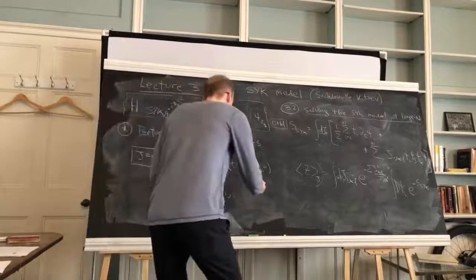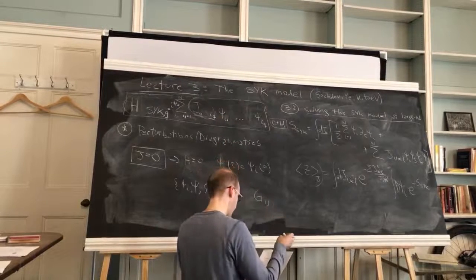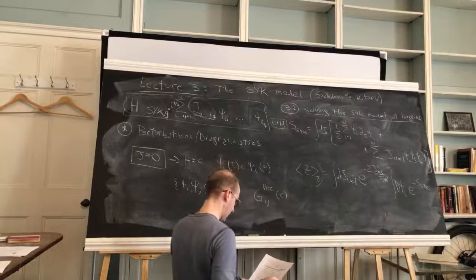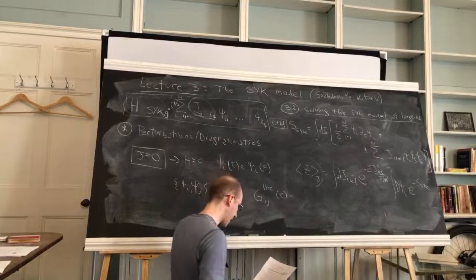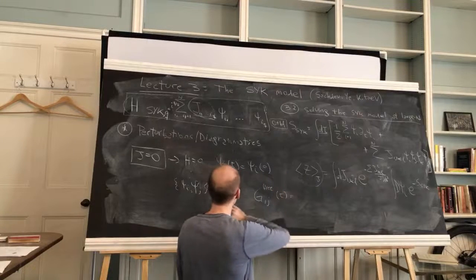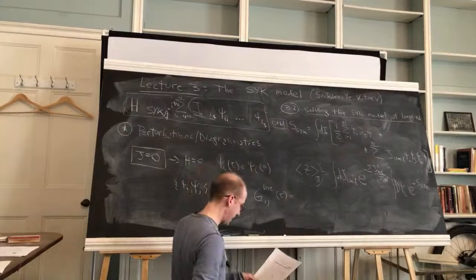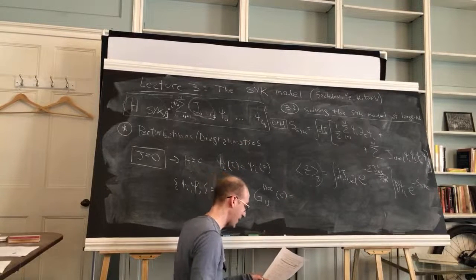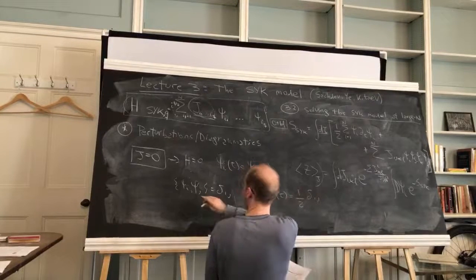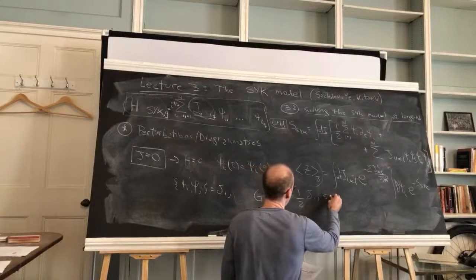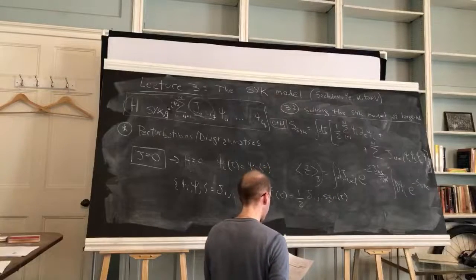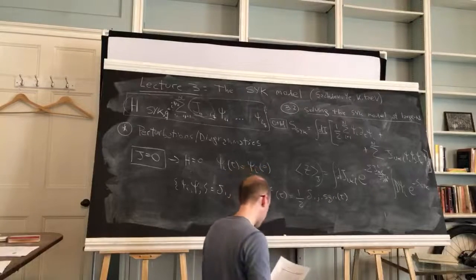So if we want to compute the two-point function G_IJ of the free theory at some time t, it will be the time-ordered two-point function. If t is greater than t prime, well, anyway, you understand what I'm saying. You will get 1/2 delta_IJ coming from this, and then you will have the sign of tau just to have a time-ordered two-point function.